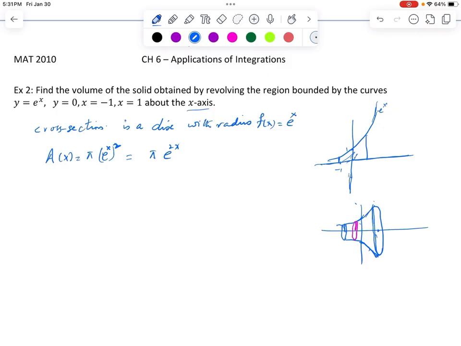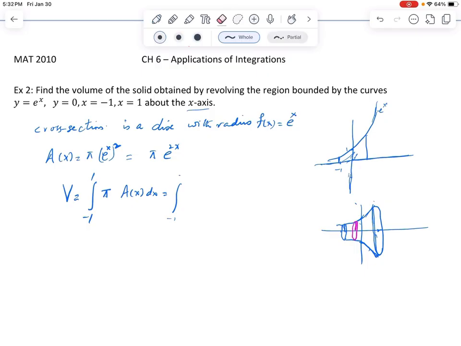So now V will be equal to the integral. Where is the integral from? We know we started at -1 and we ended at 1. So integral from -1 to 1 of pi A of x dx.